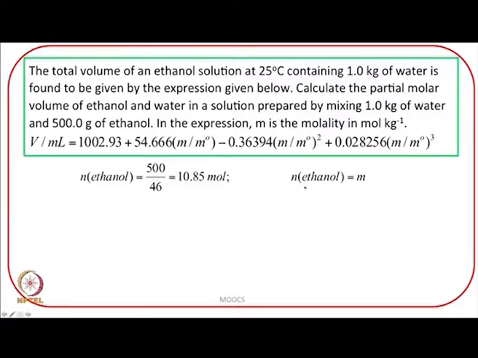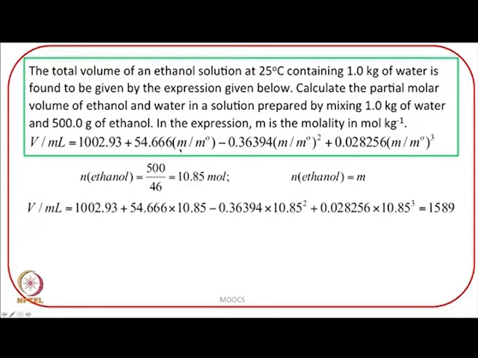That is what is written over here, N is equal to M. So since N is equal to M, in order to calculate the partial molar volume, we can just differentiate with respect to M instead of N. This is the point to be noted over here: since N is equal to M, the partial molar volume can be determined by differentiating this equation with respect to M.